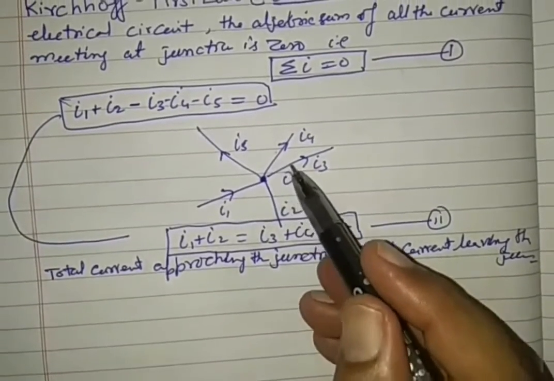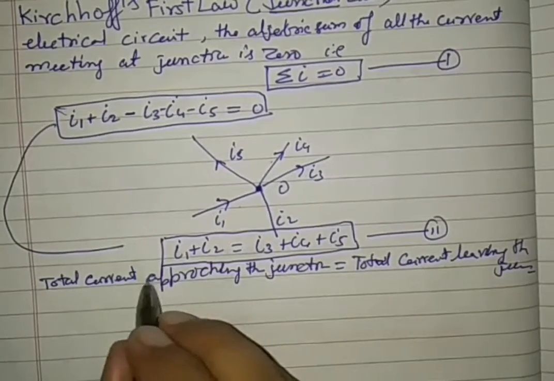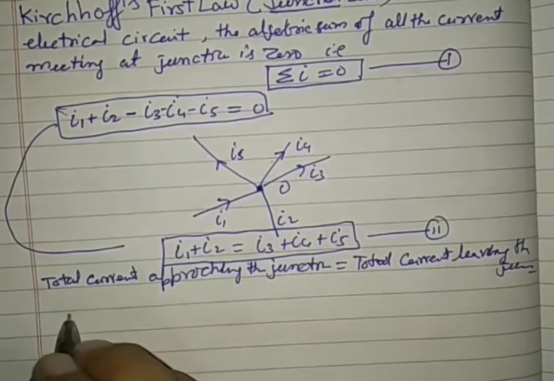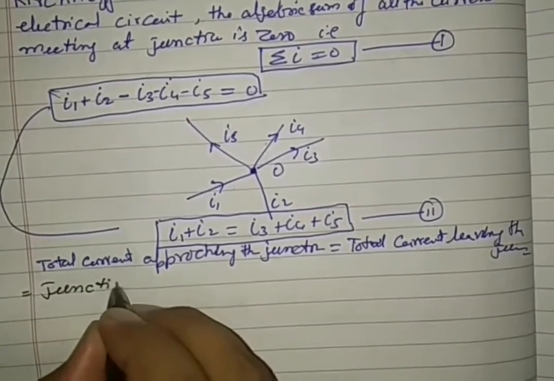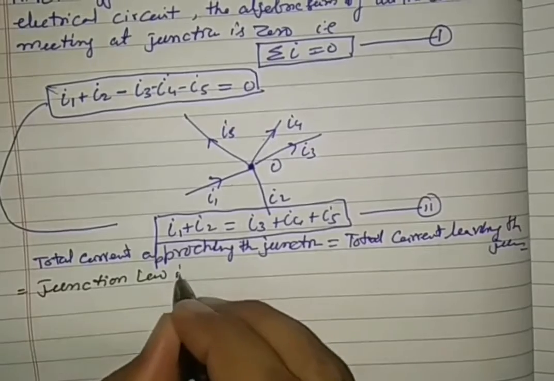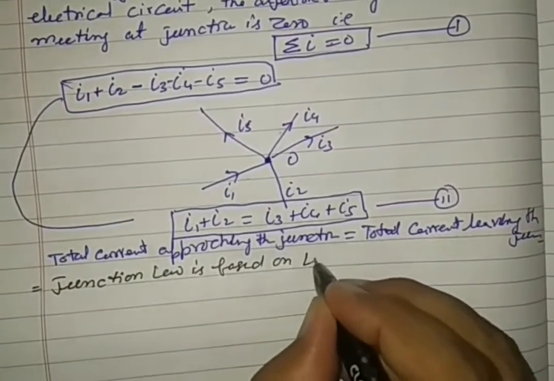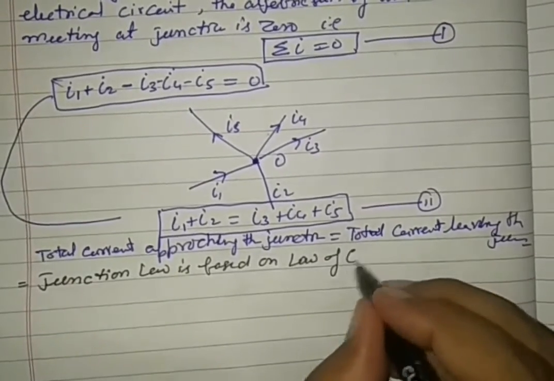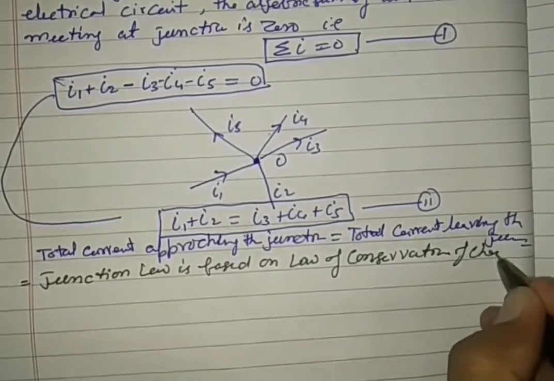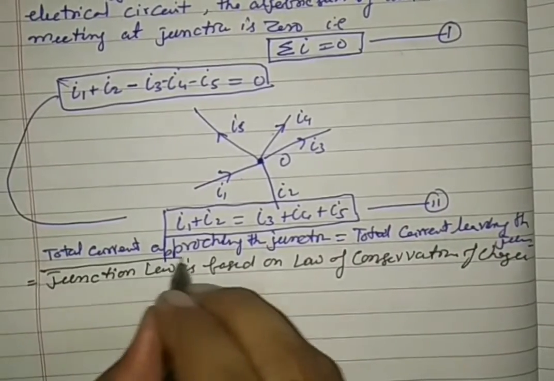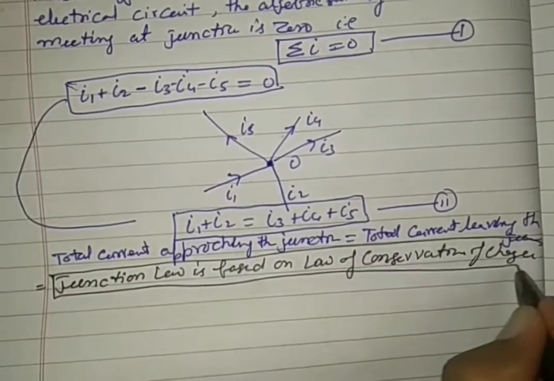This junction law is based on the law of conservation of charge, that is, charge can neither be created nor destroyed.